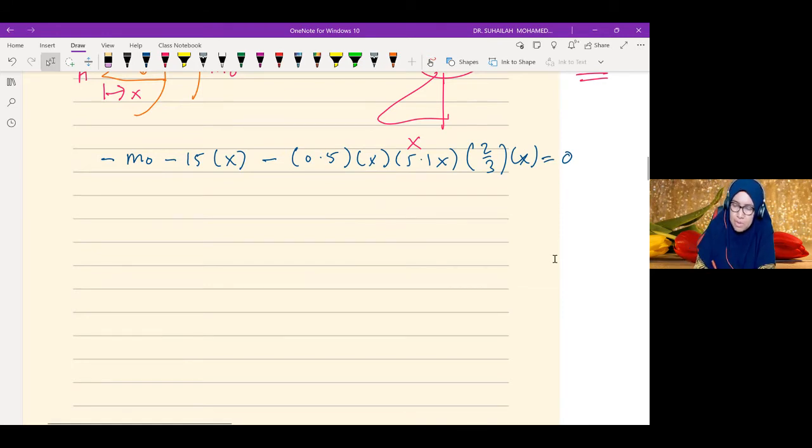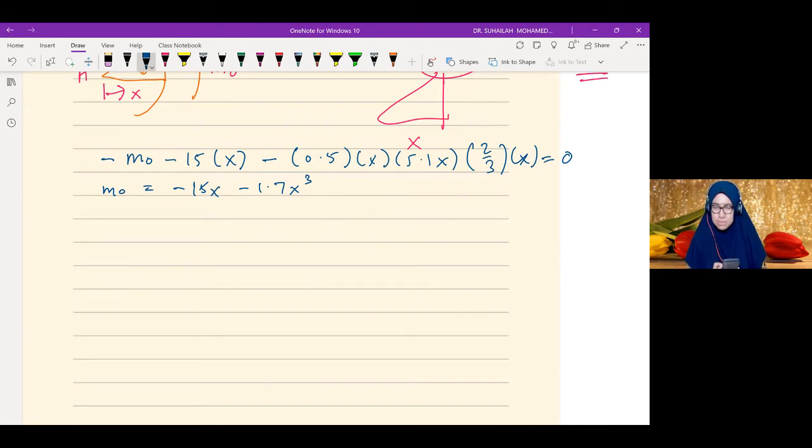So we get M naught equal to negative 15x minus 0.5 times 5.1 times 2 divided by 3, so it is 1.7 x cubed.